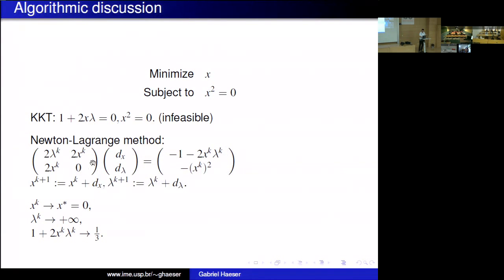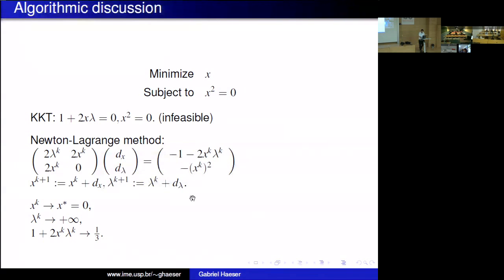So when I solve this, the derivative times the direction should be minus the function. This is the Newton method. Okay, so then I update my iterate. I have xk, I add this direction dx, and I have lambda k, my approximation to the multiplier lambda, I add this direction d lambda.